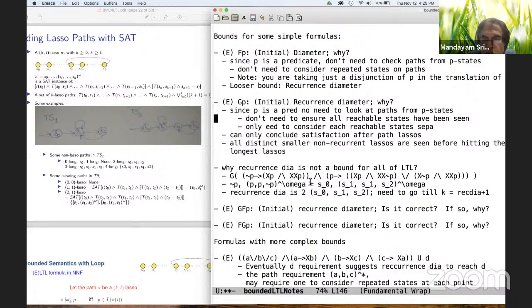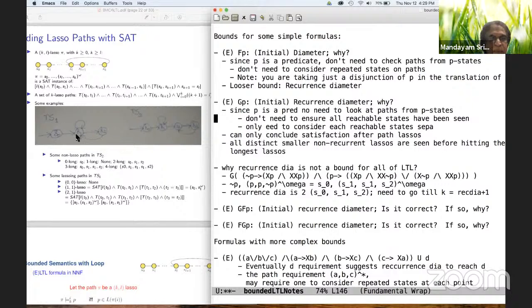As an LTL property, this is how you express it. If you are in not P, then in the next state you can have P, and in the next state you can have P. And if you're in P, then you can have either P followed by not P, or not P followed by P.